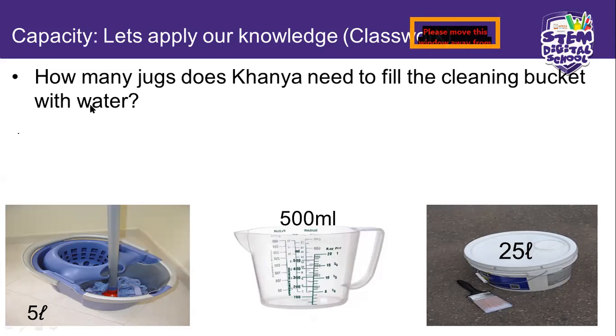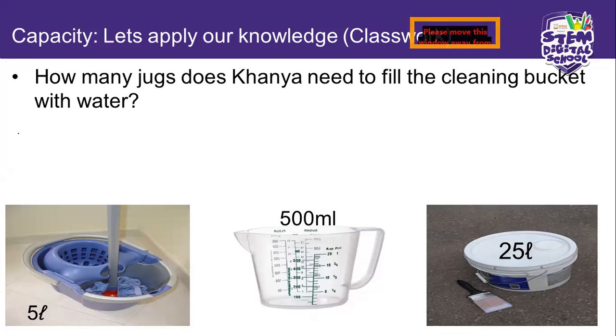Remember, 2 jugs will give us 1 liter. 500 milliliters plus 500 milliliters will give us 1 liter. Okay? So let's see. If we need 5 liters, what will we say?